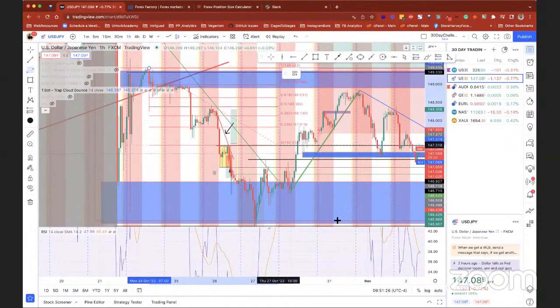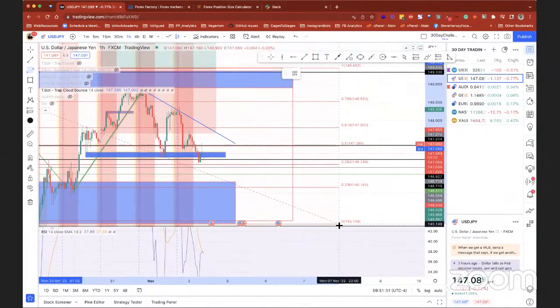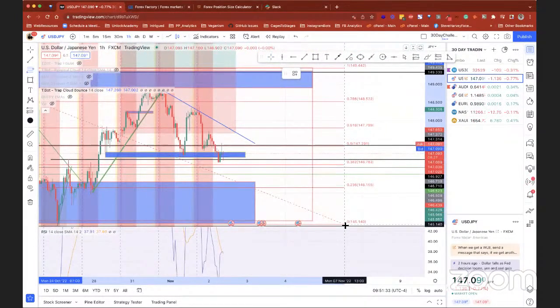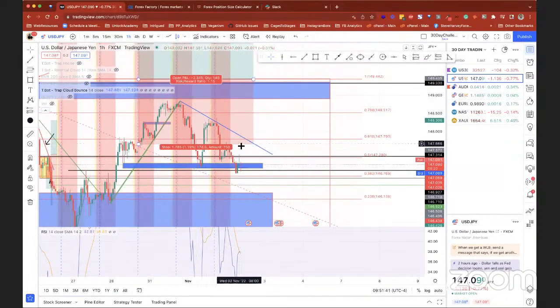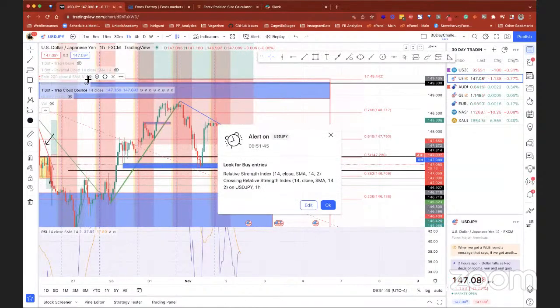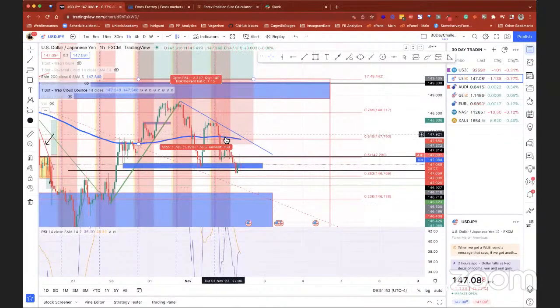Yes, if I can trap the show. Yeah, it's too dangerous though. So we got this downtrend coming. We got the moving average 200 coming.